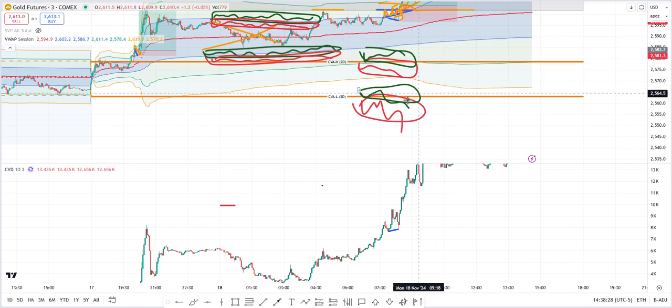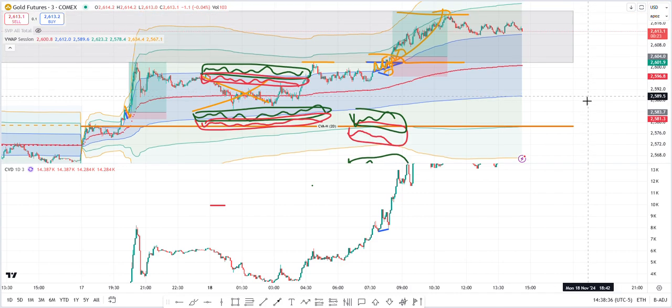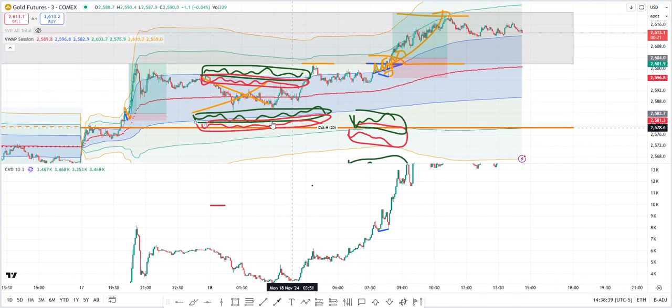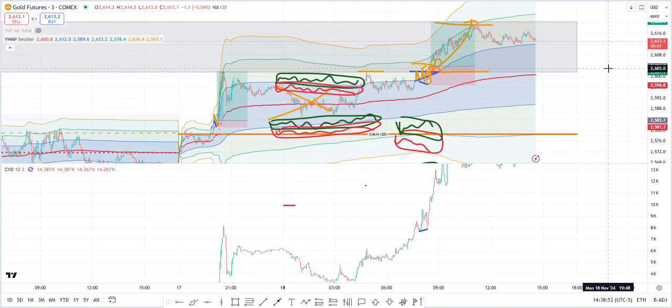So if we're above there, we want to buy, and if we're bouncing there, we want to buy. If we're below here, we want to sell, and if we're bouncing there, we want to sell. And that's basically the same thing as the VWAP. In between, where the X is, you don't want to be doing anything, and we're waiting for confirmation that your direction is right.